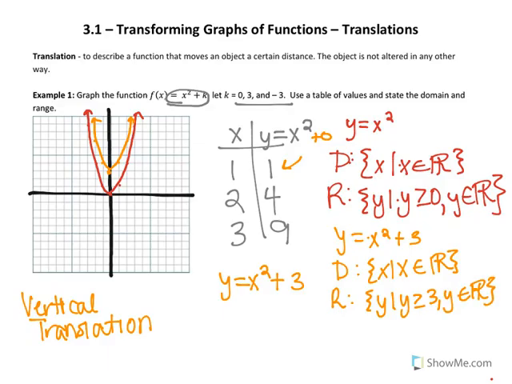Okay, last one. We're going to use a negative 3. So it's having a vertical translation 3 down. So instead of starting at 0, it's going to start here at negative 3. Then we're going to use the same table of values. So over 1, up 1. Over 2, up 4. I went too many spaces there. Over 3, up 9. So this graph would look like that.